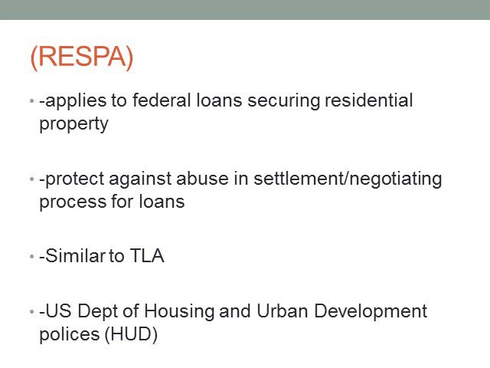But I want to make the distinction between the two. The Truth in Lending Act and the Equal Credit Opportunity Act involve all sorts of creditors. They apply to everybody doing whatever kind of secured transaction. The Real Estate Settlement Procedures Act is strictly for government loans, federal loans, and it's for residential property.